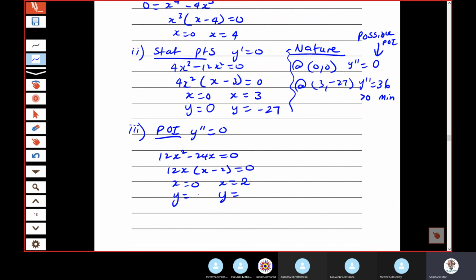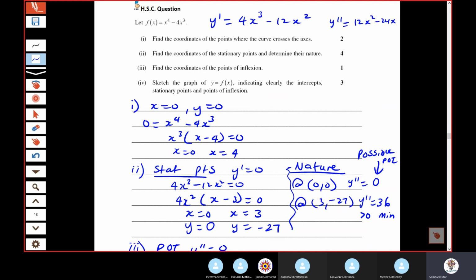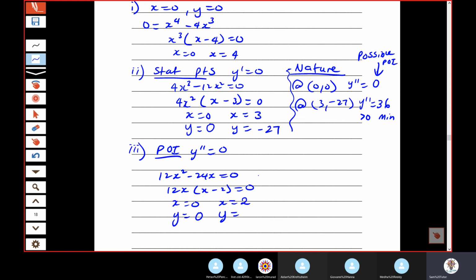When you sub it in, you get 0. That could be a horizontal point of inflection now, right? Because we got (0, 0) at POI and we got (0, 0) at stationary points. True? So we'll come back to that in a second. 2. Sub it into the original. 2 to the power 4 minus 4 times 2 cubed. Negative 16.